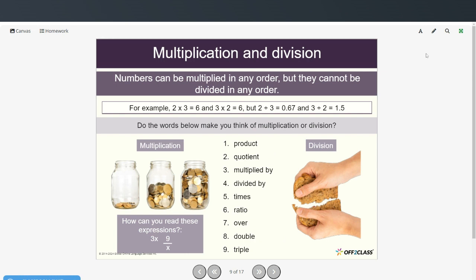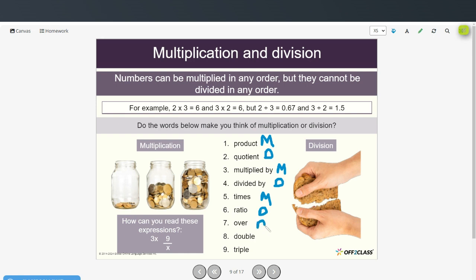Well, product, that's multiplication. Quotient is division. Multiplied by, multiplication. Divided by, obviously division. Times is multiplication. Ratio is division.